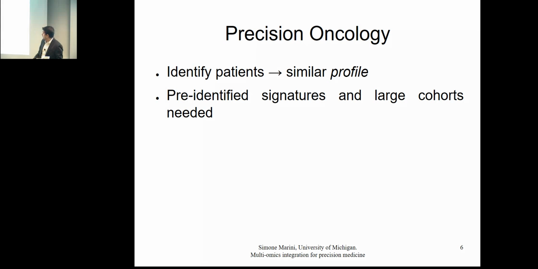Well, it's because if we look for something we already know from literature, if we look for pre-identified molecular signatures in cancer, we are not assured that they are common. Maybe we can pin down a specific aberration which we know will respond to a specific treatment, but it's very rare. And to test the outcomes of a precision medicine treatment starting from these premises, we will need large cohorts.